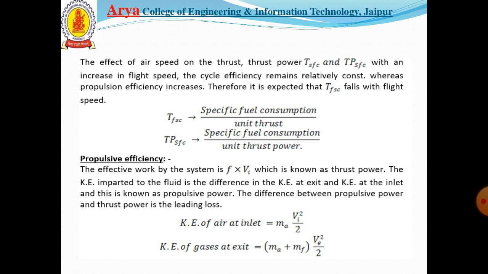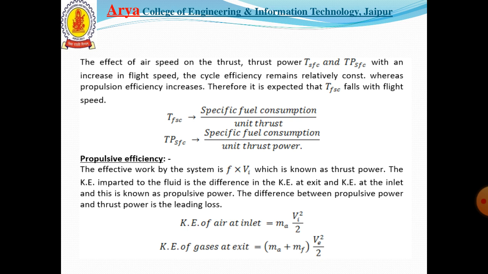Therefore, it is expected that SFC falls with flight speed. The relation is given as TSFC equals specific fuel consumption per unit thrust, and TPSFC equals specific fuel consumption per unit thrust power.